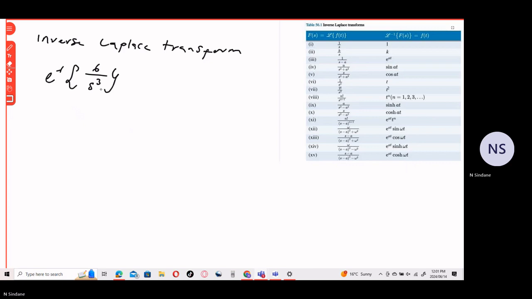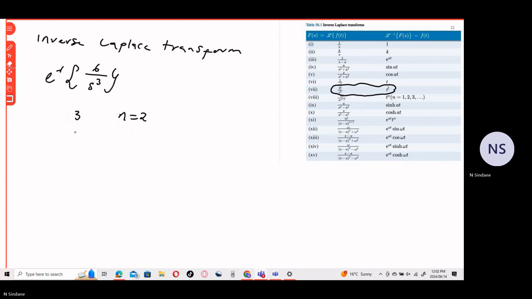When the exponent of s is 3, this means the value of n is equal to 2, because we are using this property. If the power of s is 3, the value of n is 2. Then you can use this.